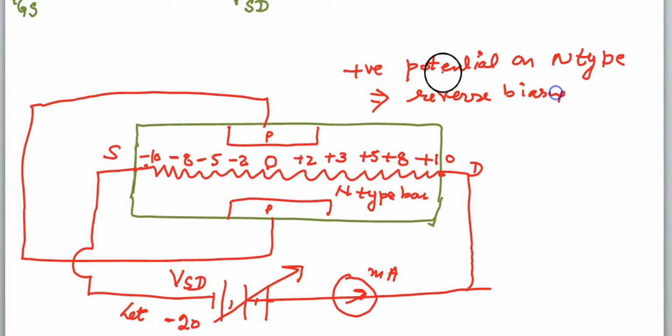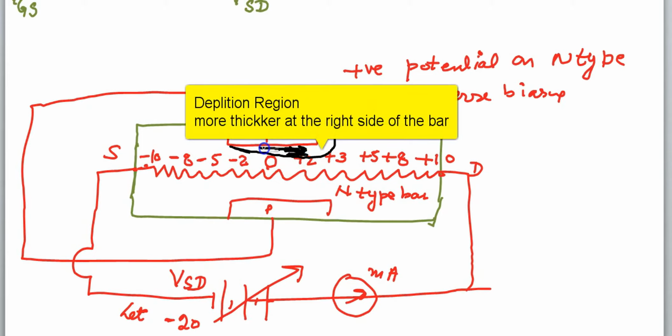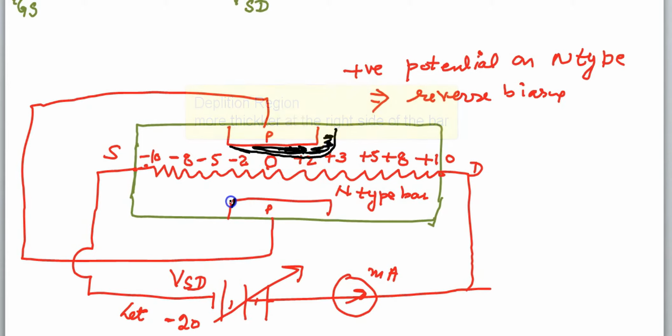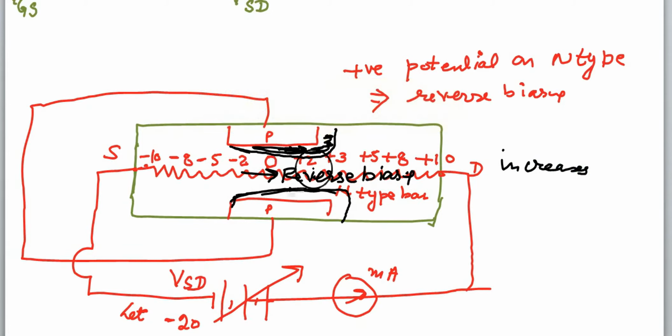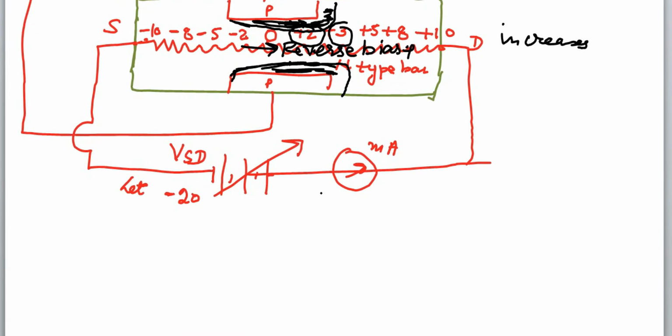So what happens? The positive potential on N-type means reverse biasing. There is more reverse biasing towards the right hand side of the bar. So that's why it is more bulky, more along the right hand side. The junction is more along the right hand side as compared to the left hand side. So that's why it is unsymmetrical.